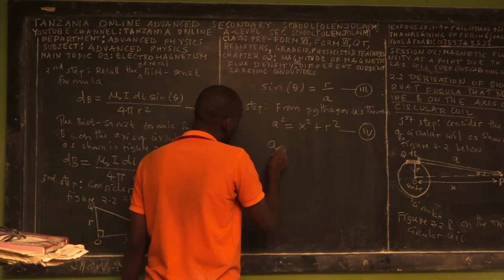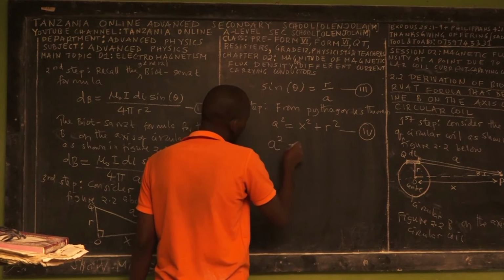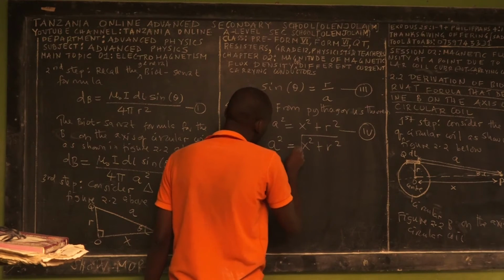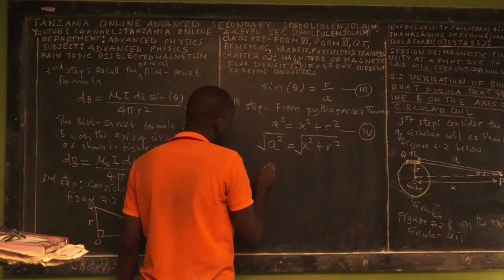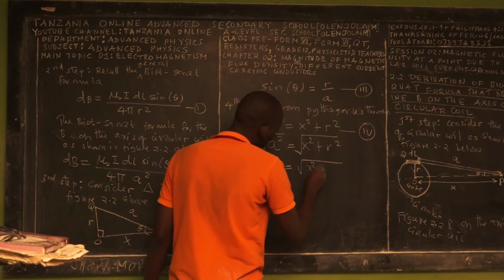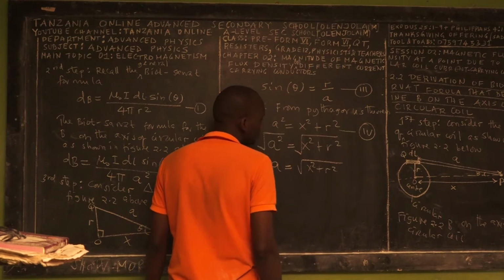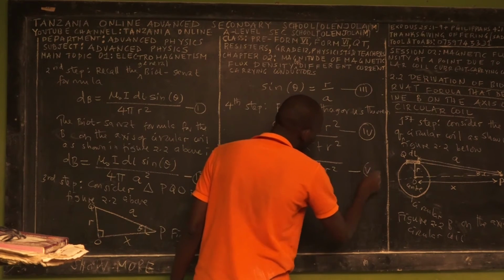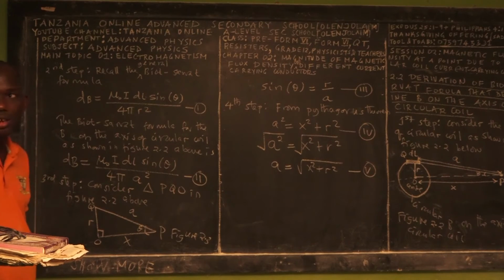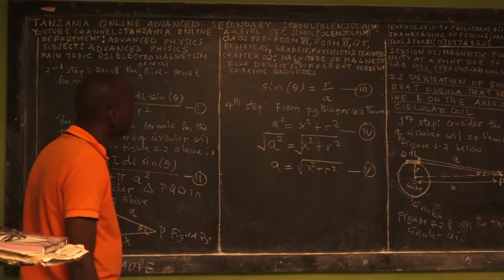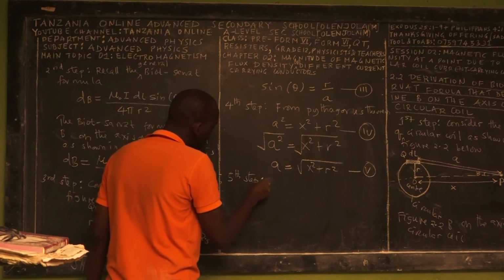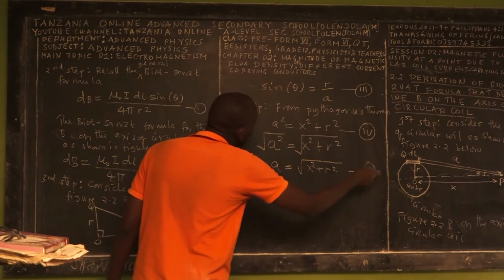But what if you take equation 4 and take the square root of both sides? Then the square root of A square is A, which is equal to the square root of x square plus r square. So this will form equation 5. Because we have formed equation 5, we can go to the fifth step: the relationship between equation 5 and equation 3.